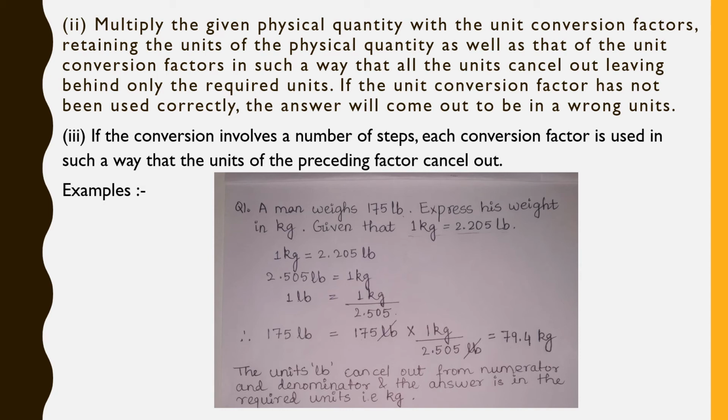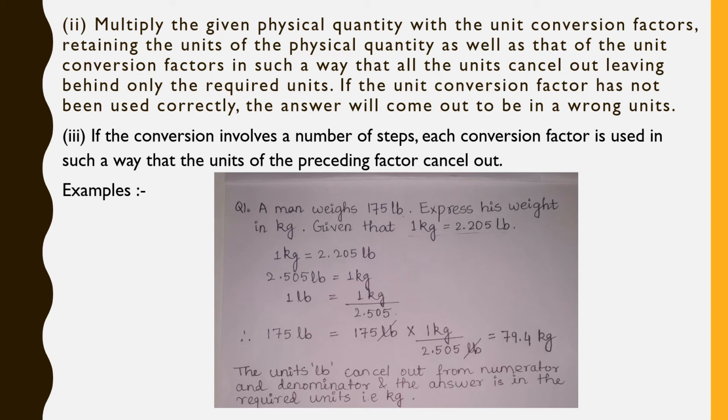If the unit conversion factor has not been used correctly, the answer will come out in the wrong units. And the last step is, if the conversion involves a number of steps, each conversion factor is used in such a way that the units of the preceding factor cancel out.